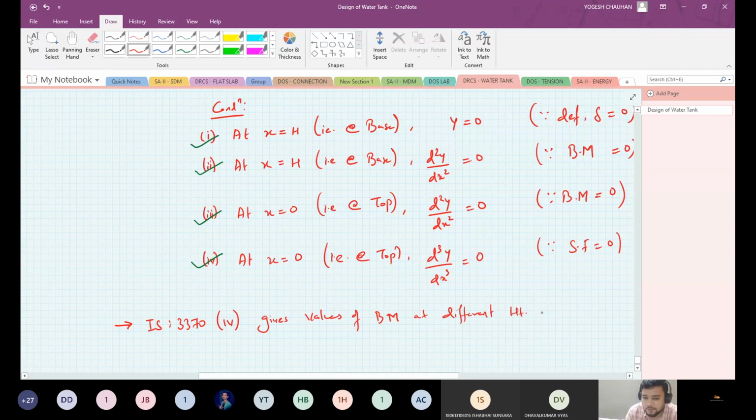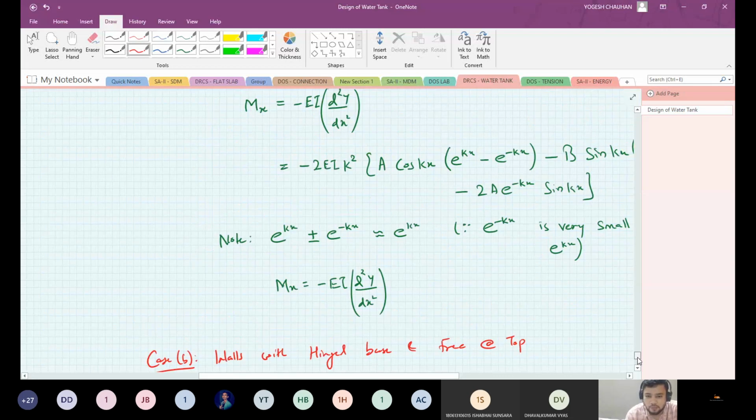Right? These are based on the theory of elastic curve. Okay? So you can use either the tables given in IS 3370 part 4, or you can derive the expression in this way.